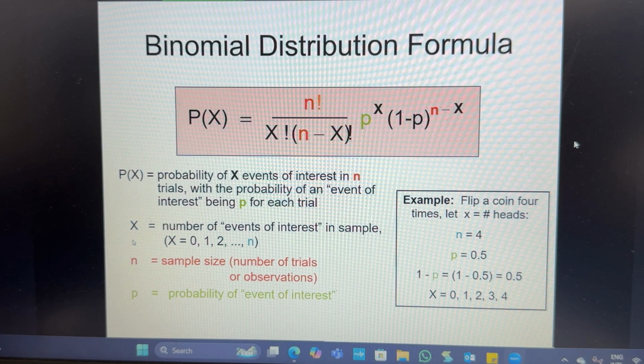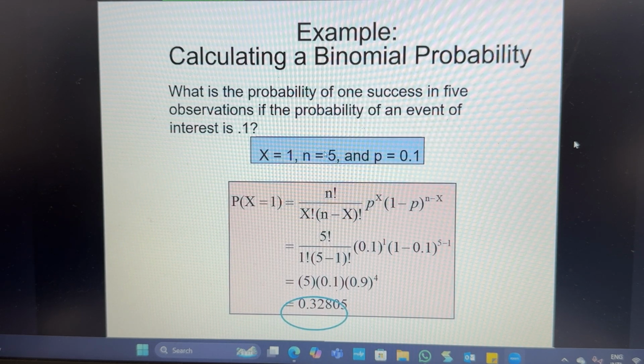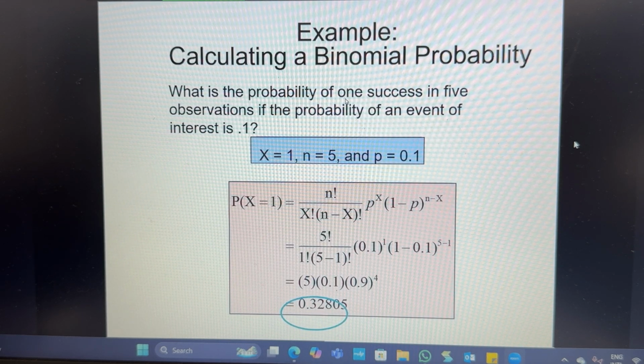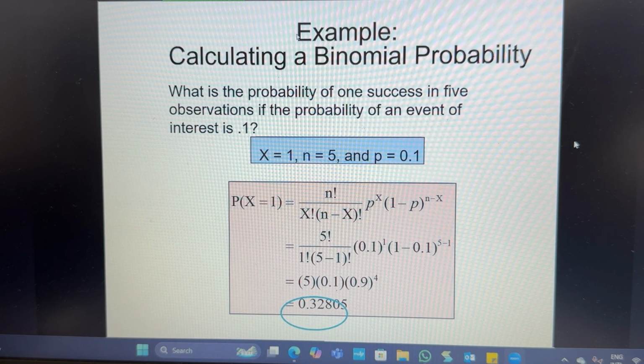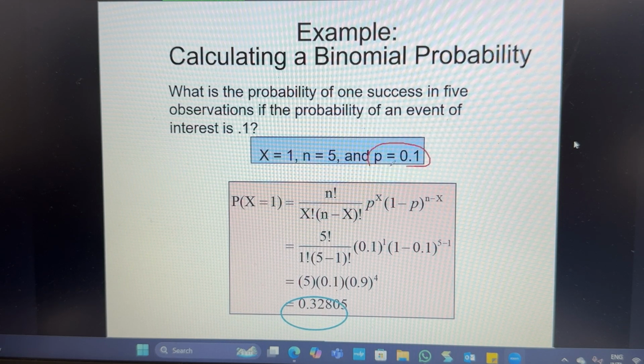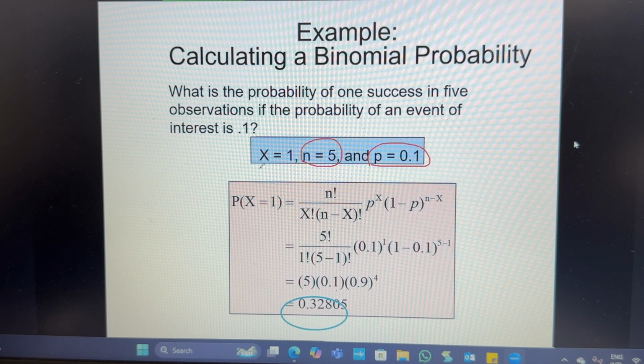Next slide. What is the probability of one success in 5 observations, if the probability of an event of interest is 0.1? So p is 0.1, n is 5 observations, and you are going to find x equal to 1.